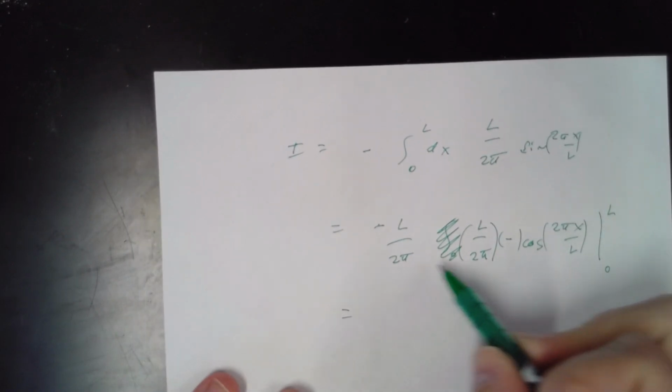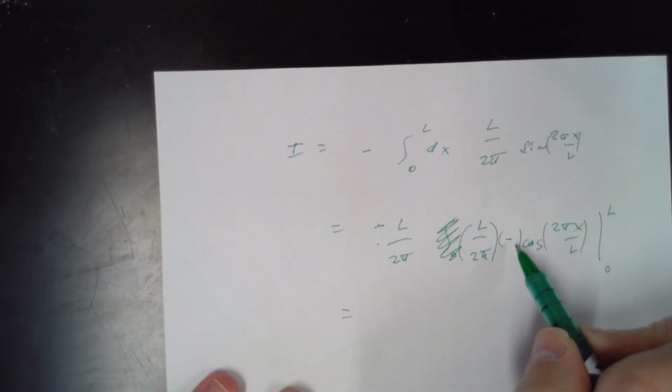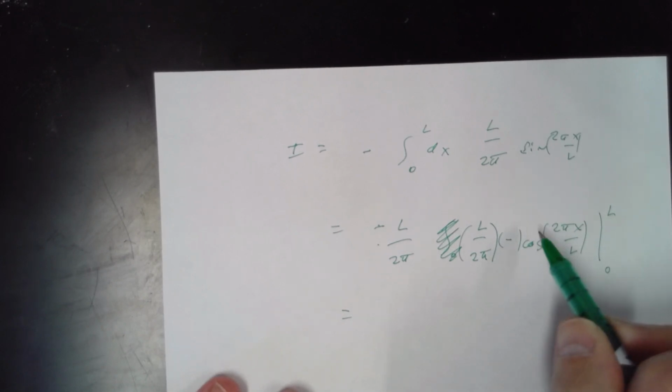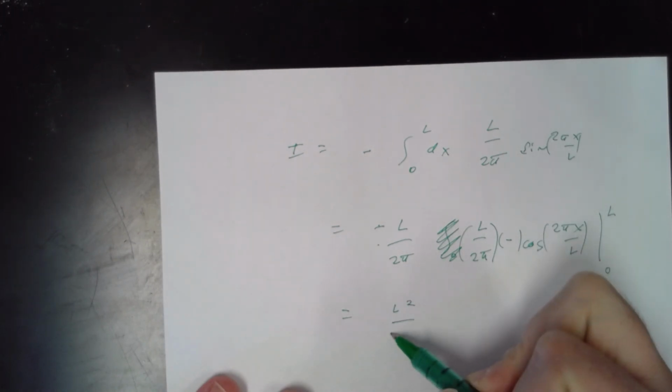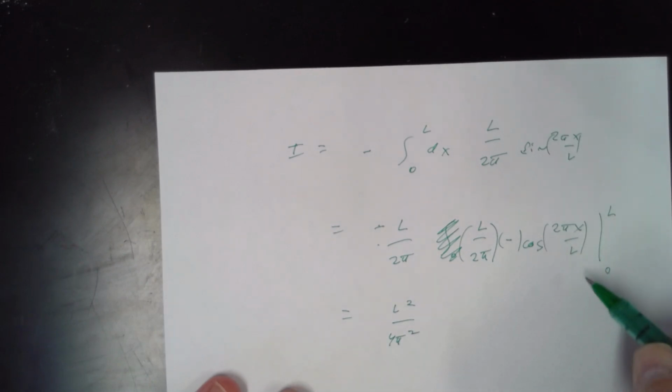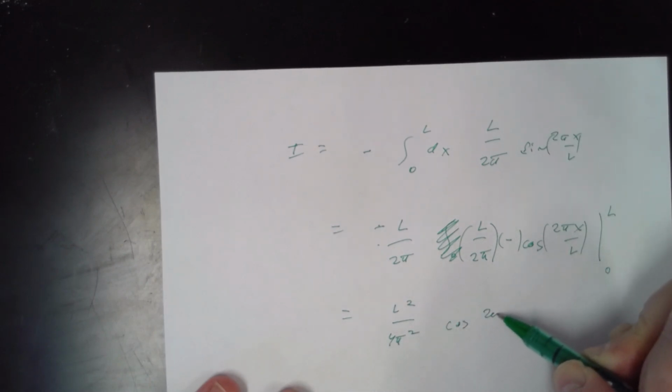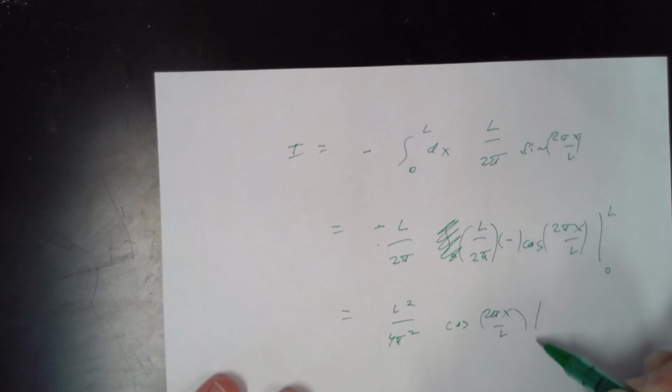So simplifying this, I've got a minus sign from my integration by parts. I've got another minus sign from my antiderivative here, so those go away, and I get L squared over 4 pi squared cosine of 2 pi x over L evaluated between those limits.